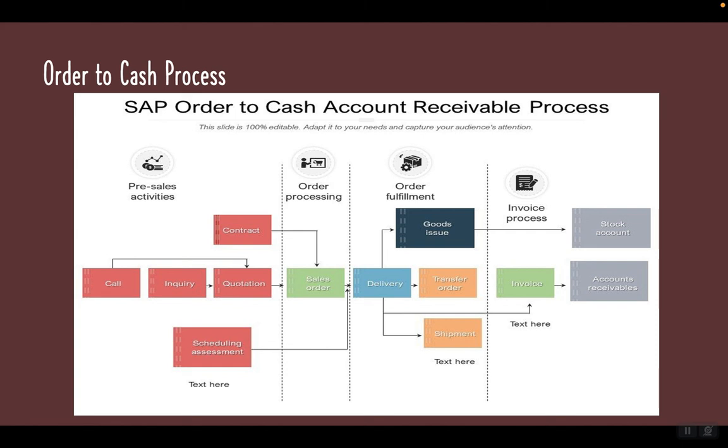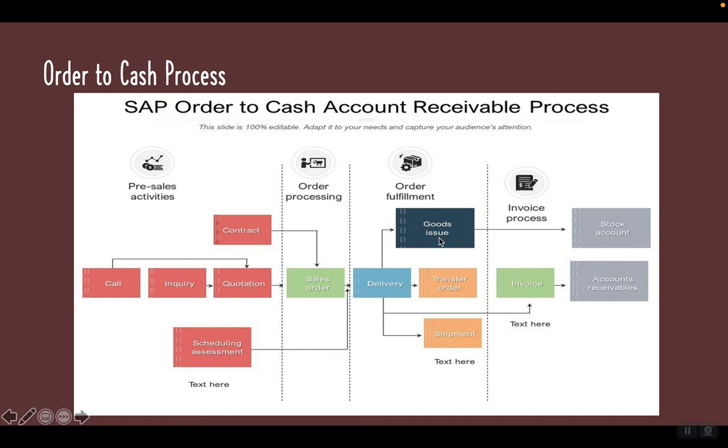Once we create the order, we then move it into what we call the order fulfillment processes, which are around the delivery and things like material handling in warehouses. So the idea is when you take a sales order for different materials, each of those materials ultimately has to be delivered to the customer.